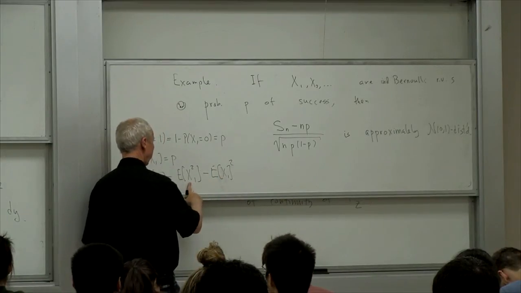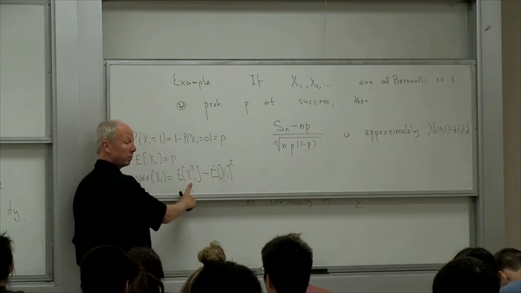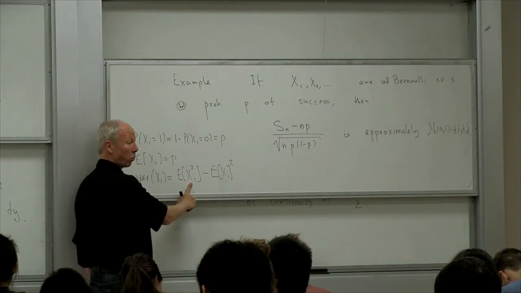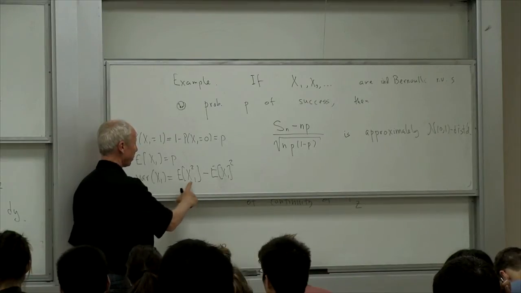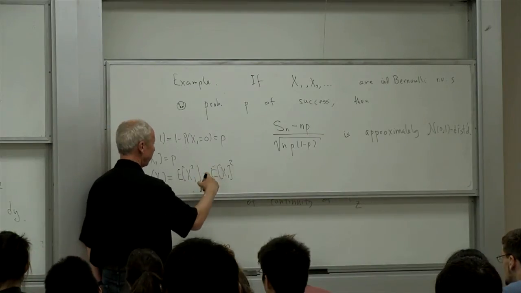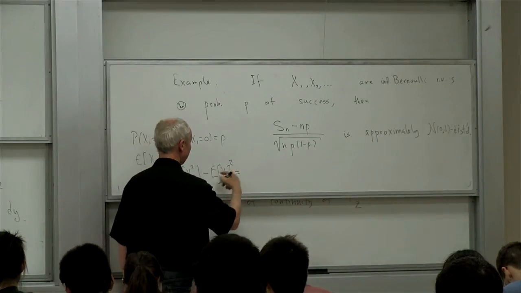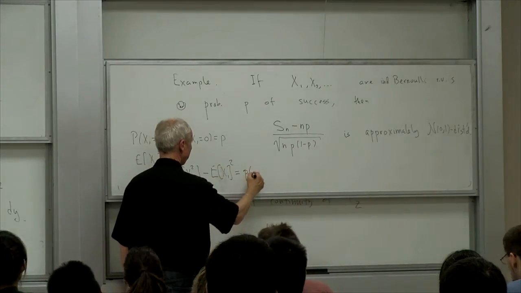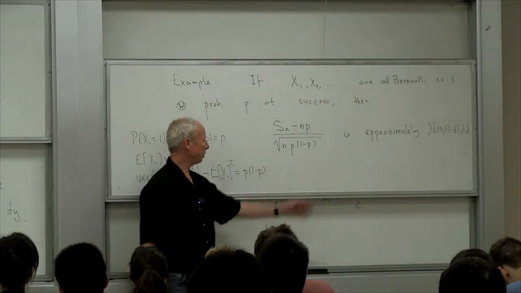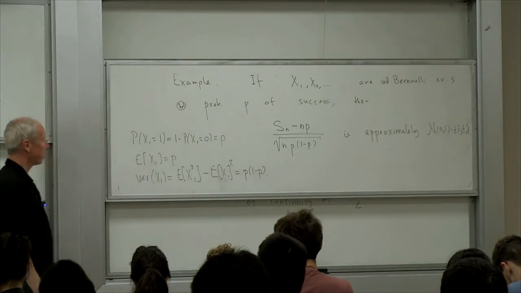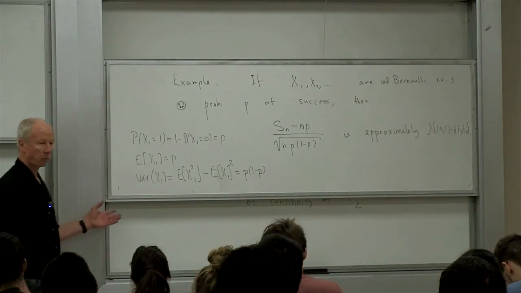But x1 squared and x1 are the same, because if I square 1 or 0, I get 1 or 0. So this is the same as the expected value of x1. So this is P, this is P squared. So I get P minus P squared. That's P times 1 minus P. So here I've divided by root n times the variance. So that's approximately normal.